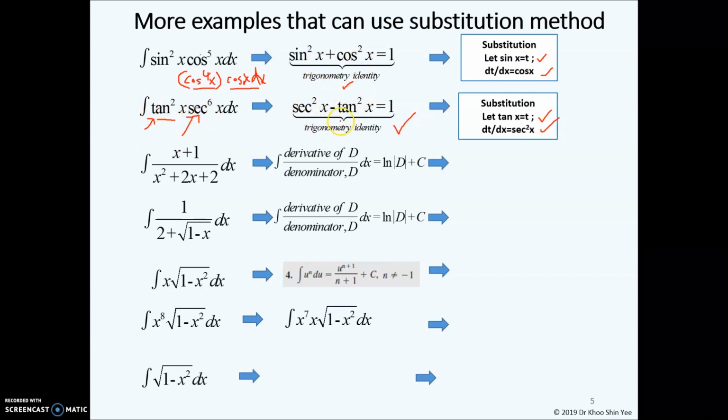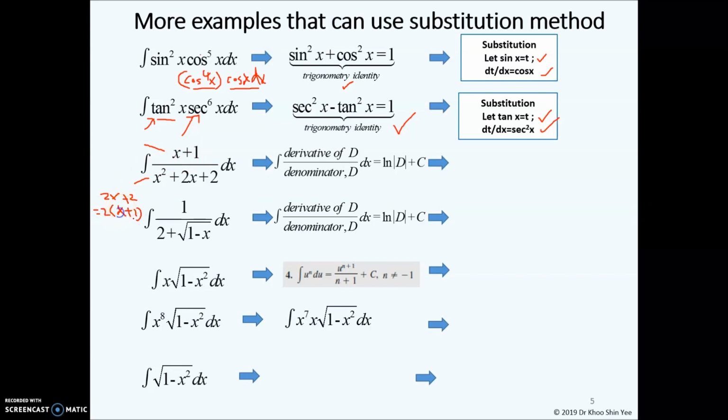the identity. Next, you have a polynomial function, right, where you differentiate the bottom part, x squared, you get 2x, then 2x you get 2 here. So this thing, after you differentiate, you get something like this, which has some relationship with the top, right?